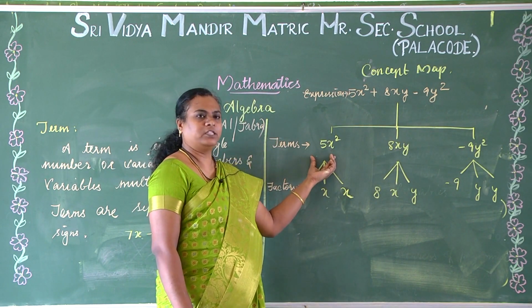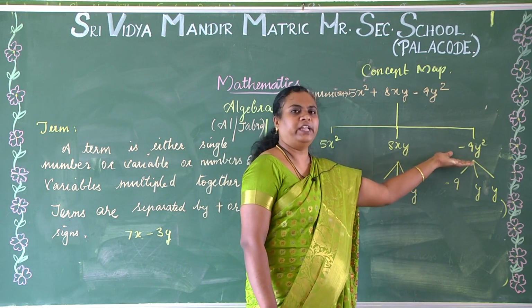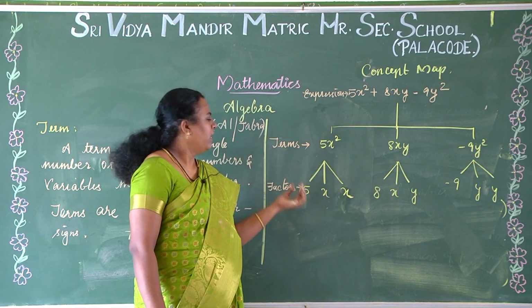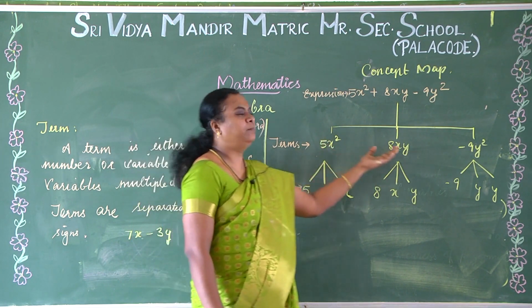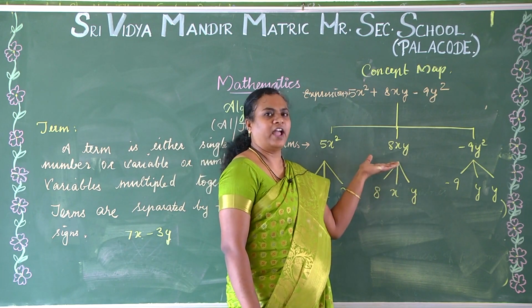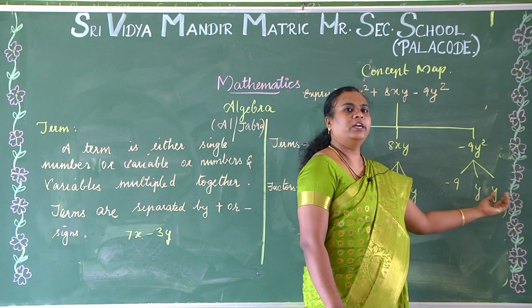Term 1 is 5x square, term 2 is 8xy, then term 3 is minus 9y square. In term 1, 5, x and x are factors. In term 2, 8, x, y are factors. In term 3, minus 9, y and y are factors.